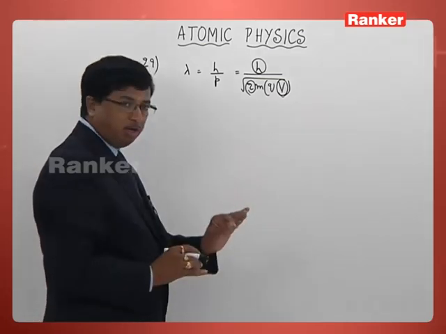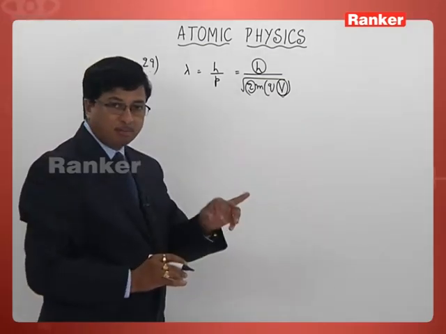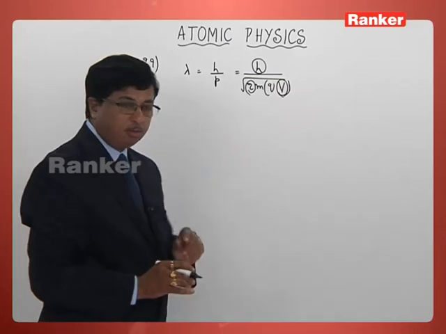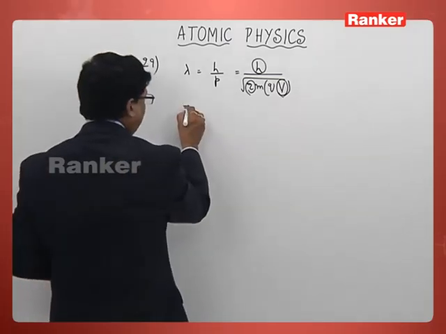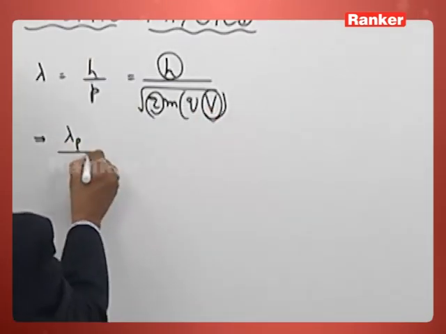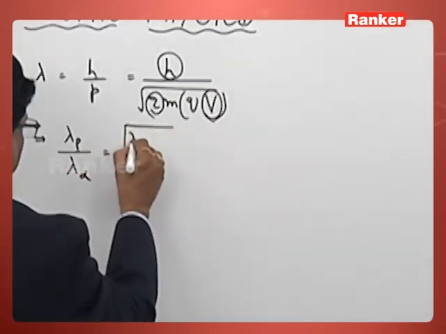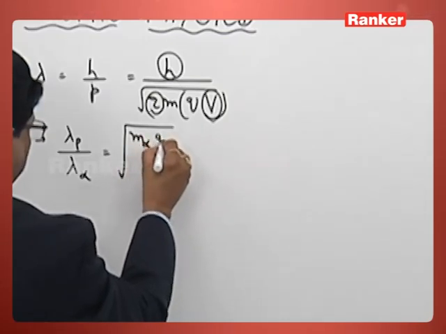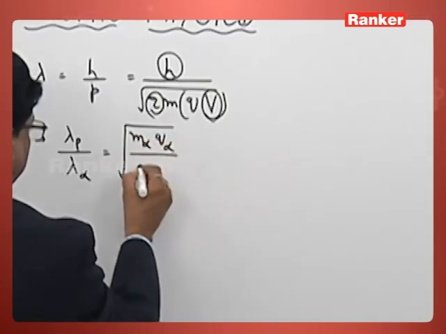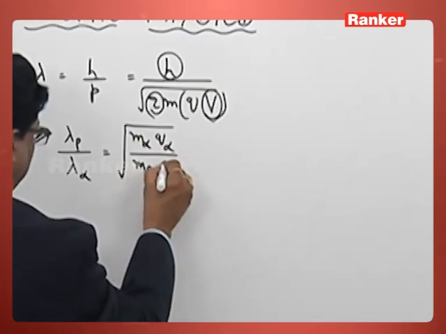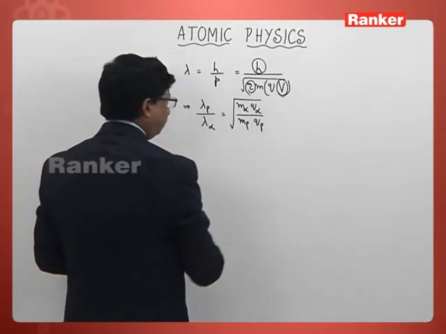Lambda is a variable depending on the mass of the particle and the charge on the particle. So what can we write now? Lambda proton by lambda alpha particle is equal to under root mass of alpha particle into charge on alpha particle by mass of proton into charge on proton.